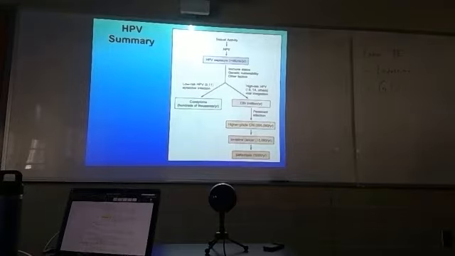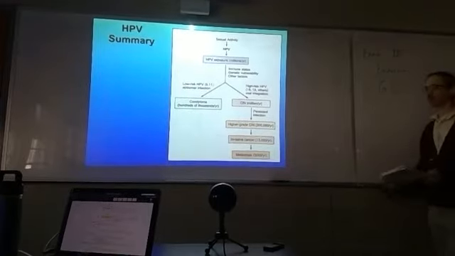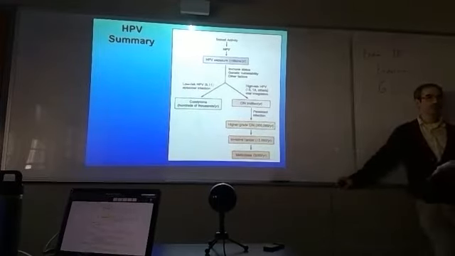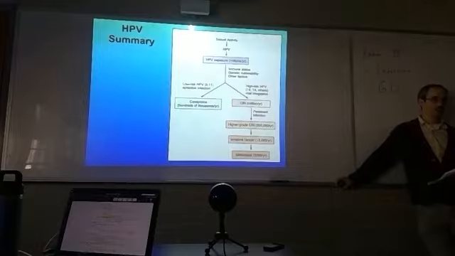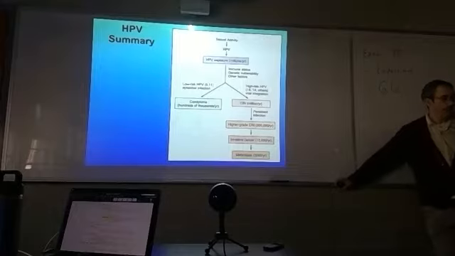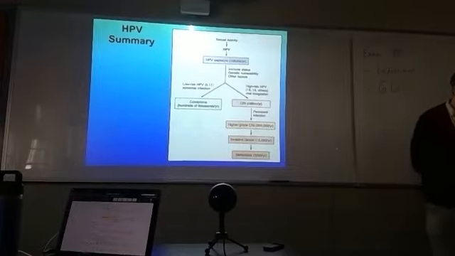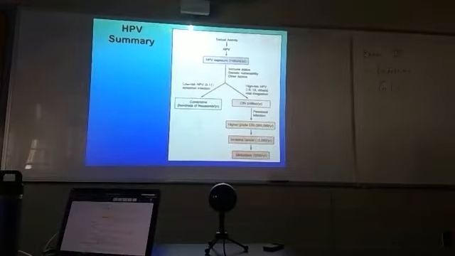Okay, cancer. Again, most of these are squamous cell carcinomas. There is a small percentage that are adenocarcinomas. The adenocarcinomas really are not related to HPV, only the squamous cell carcinomas are. They can take a variety of different morphologies. Again, peak incidence of about the age of 45. Again, if you suspect that someone has a cervical cancer, you have to confirm it with a biopsy.